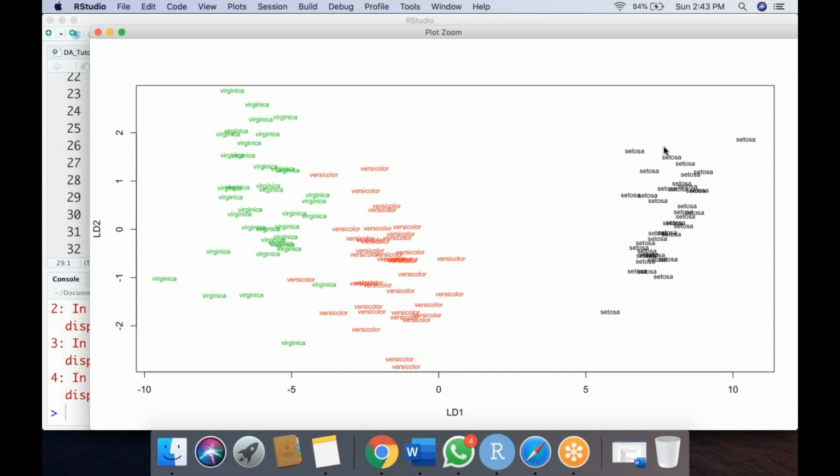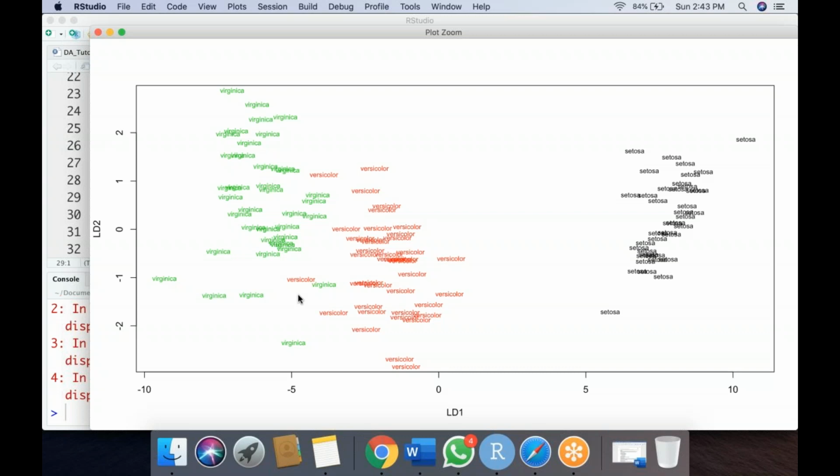You can see Setosa is creating a very distinct phase separation from all other species. Whereas we can still see there is a bit of partial overlap between versicolor and virginica. Is it visible? Have you got the plot?